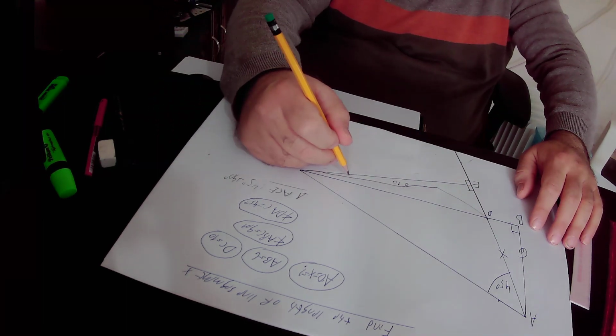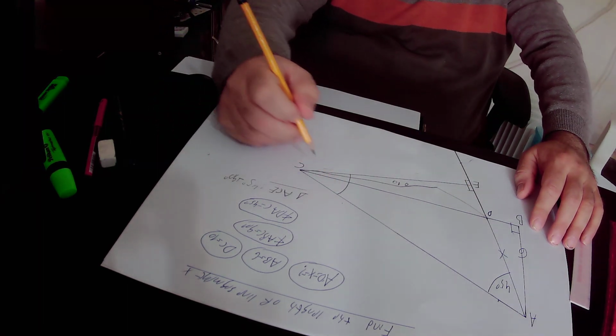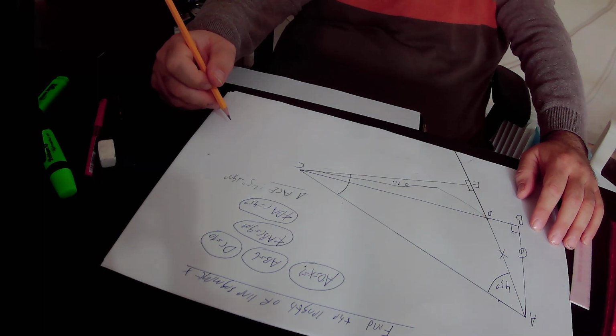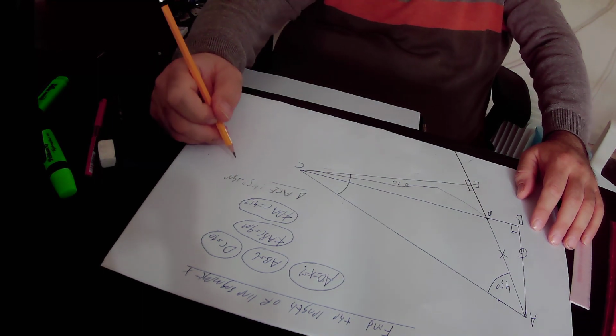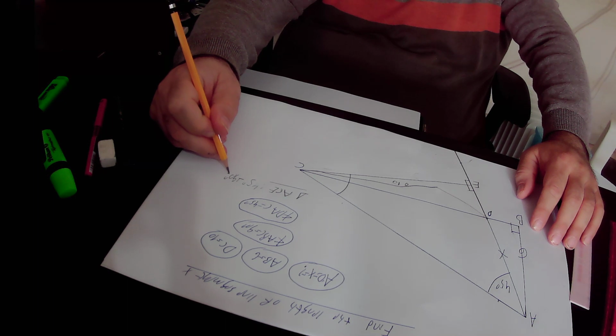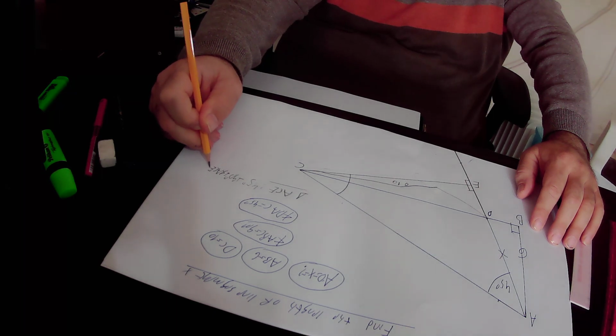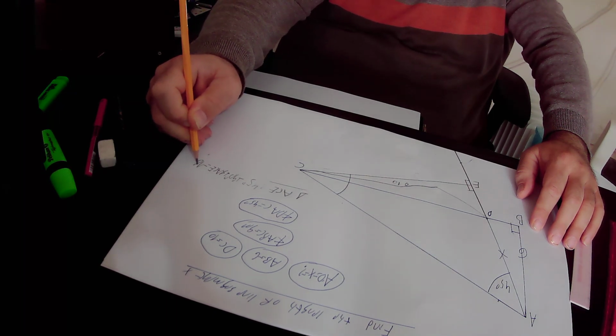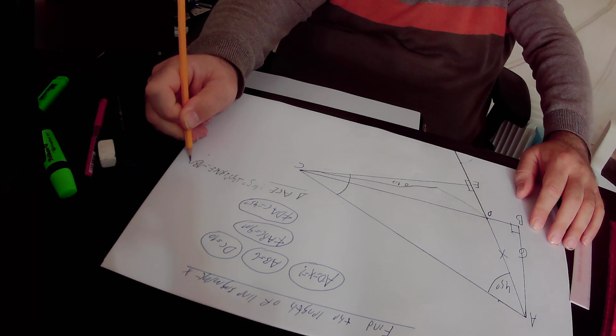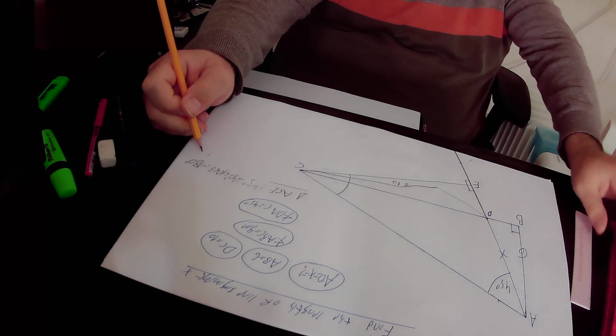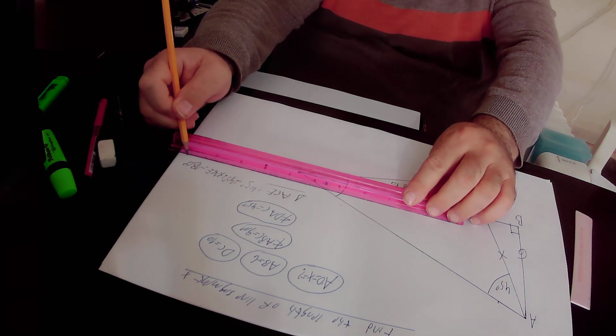This angle plus angle ACE. In total, the sum of those three angles must be equal to 180 degrees, according to the rule that the sum of the angles in any triangle is equal to 180 degrees.